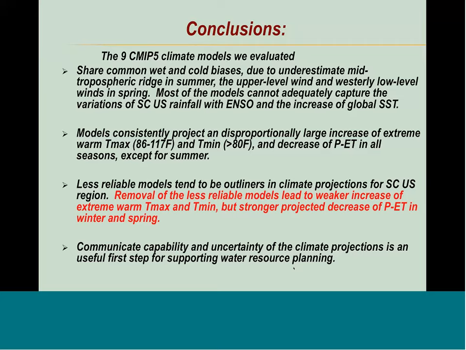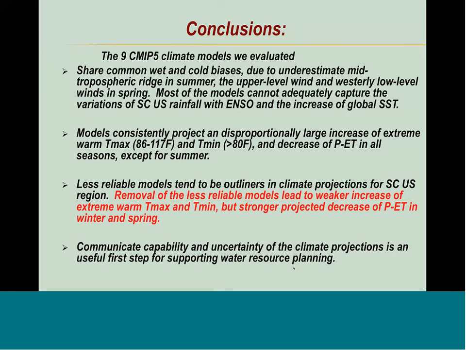The models consistently project a disproportionately large increase of extreme warm temperature, as well as minimum temperature. I didn't have time to show that here. They also project a decrease of P-ET in all seasons except for summer. And the less reliable models tend to be outliers in climate projection for the south central U.S. region.